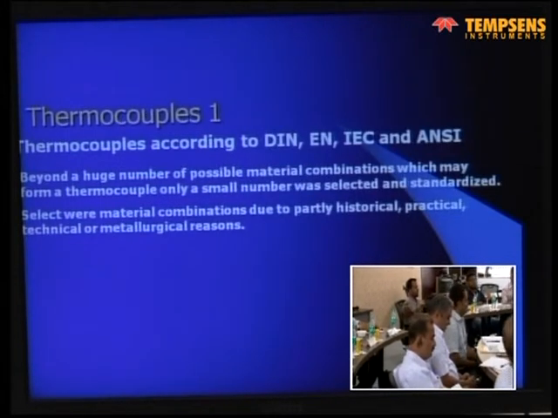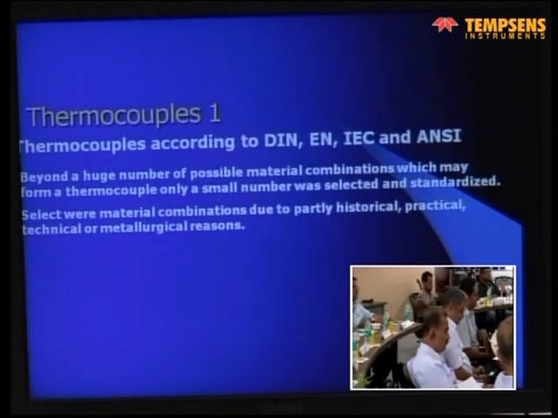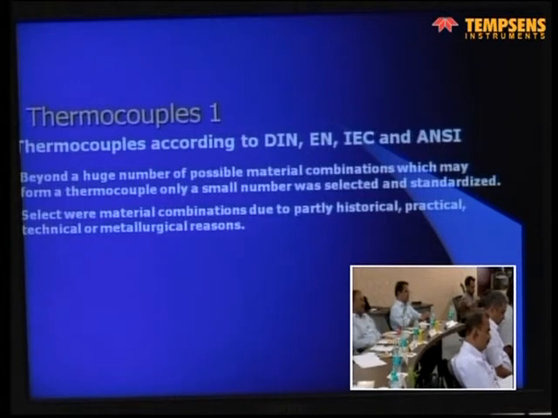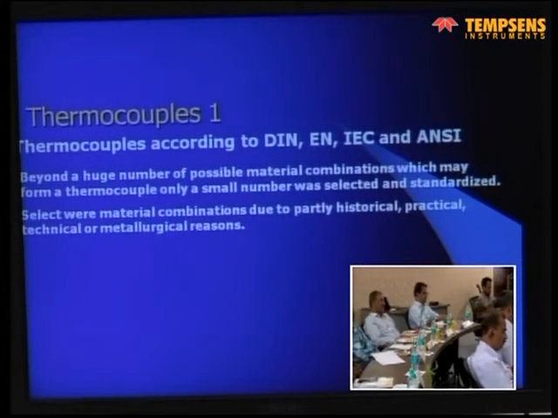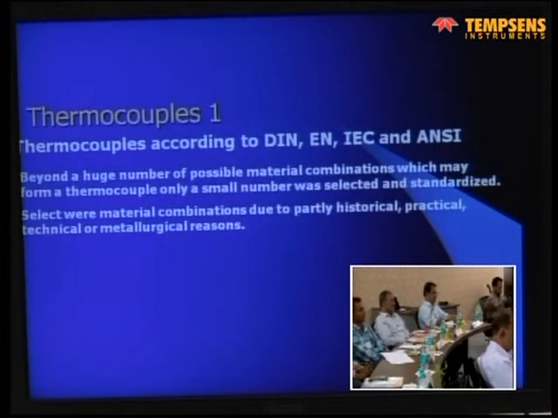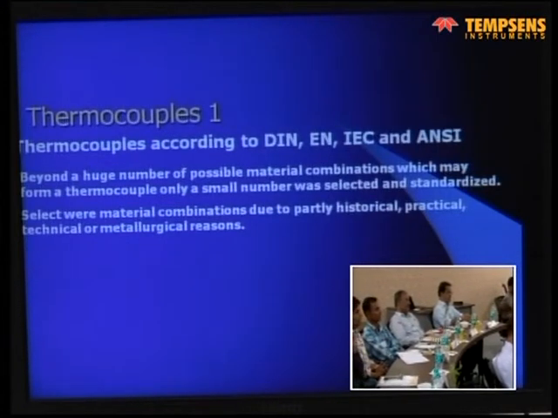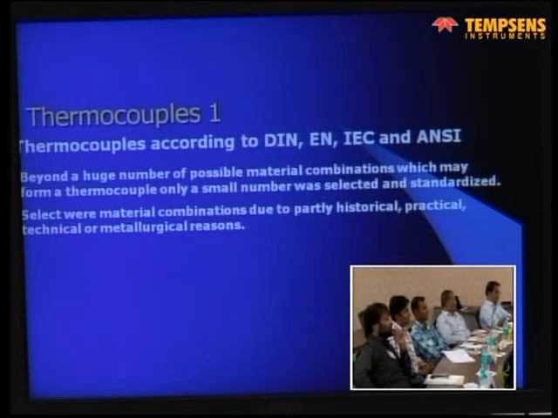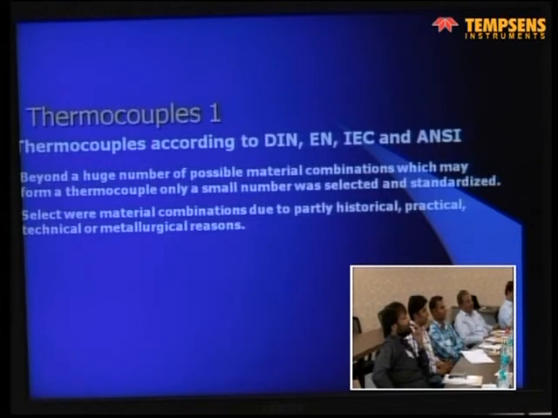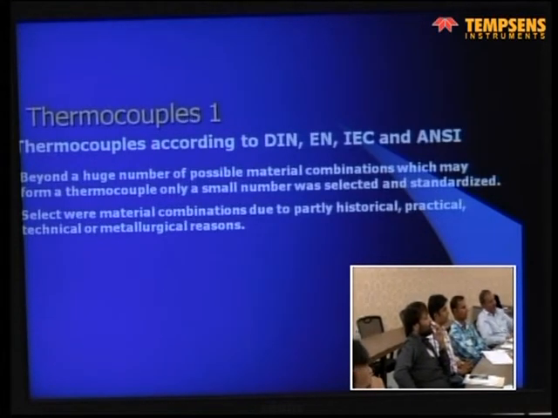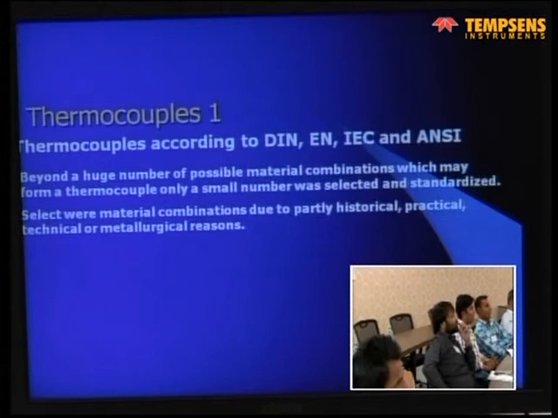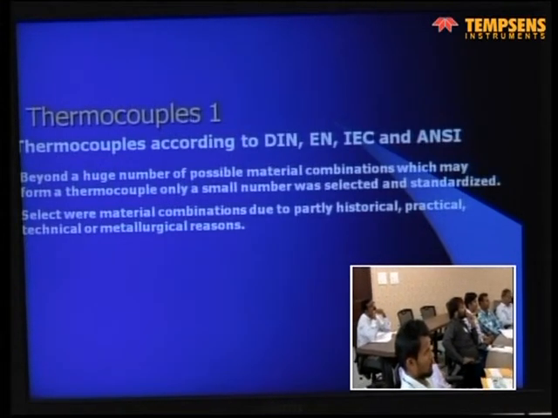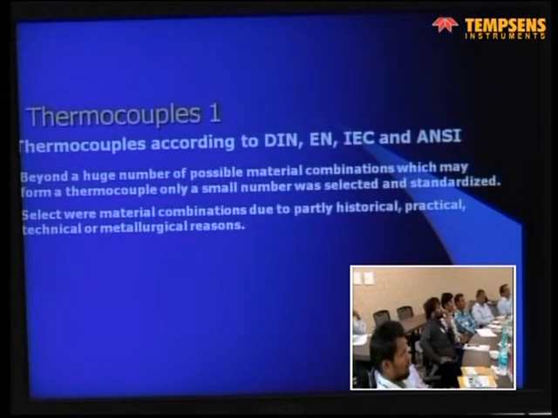So this was the reason to standardize these thermocouples, with all their advantages and obviously also disadvantages. So only type N was developed somewhere around 1965 by an English-Australian laboratory, and afterwards, in 1969 firstly, incorporated in a circular from the NBS, and then it was standardized.